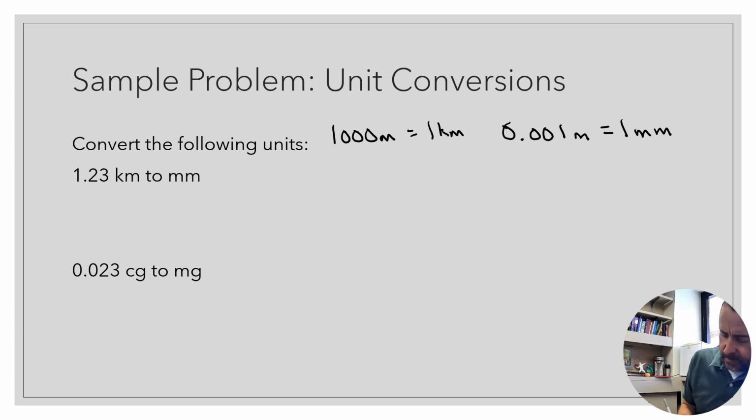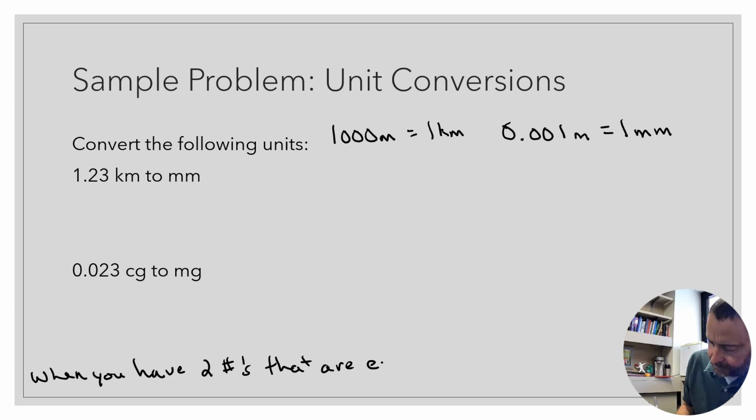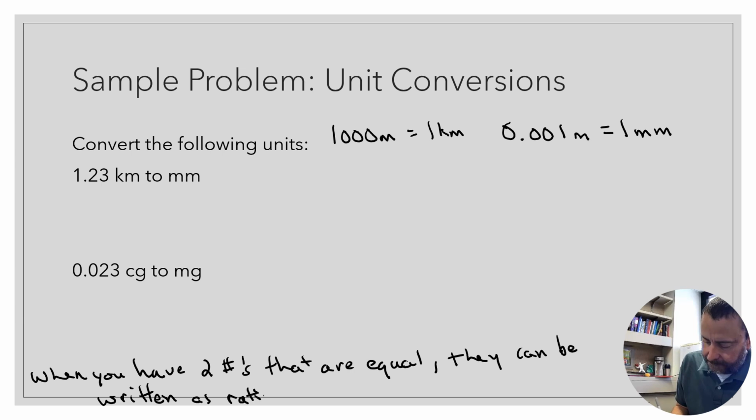When you have two numbers that are equal, like I've got up there, my 1,000 meters is equal to 1 kilometer, they can be written as ratios, and we can use them as conversion factors.